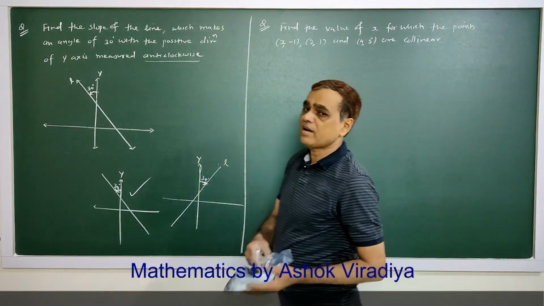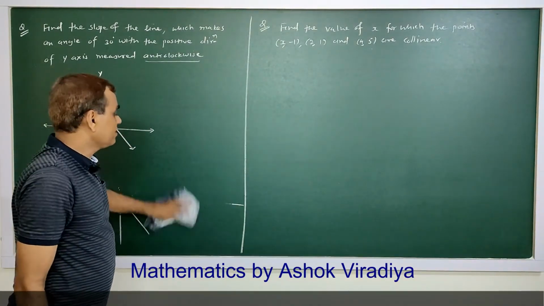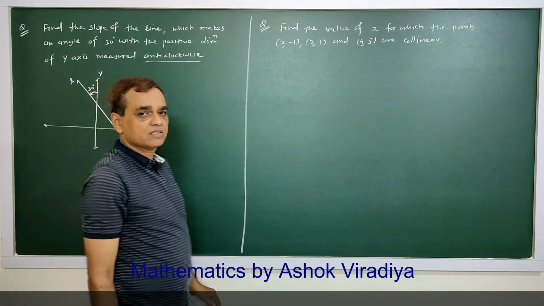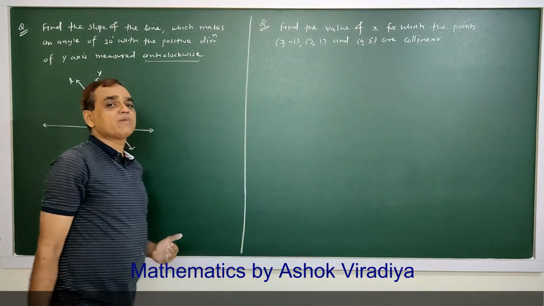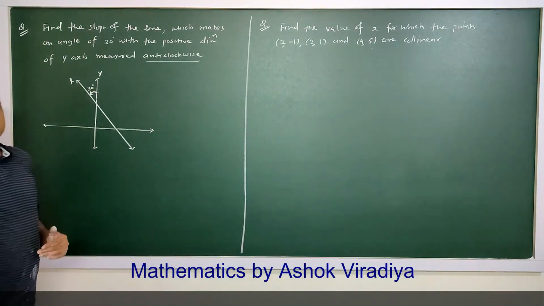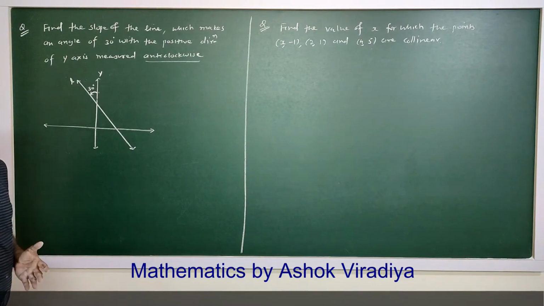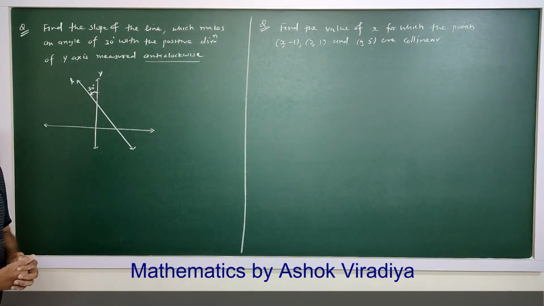Now we discuss three methods to find slope. If the equation is given, slope is minus a by b. If two points on a line are given, slope is y1 minus y2 upon x1 minus x2. But if we know the angle of inclination, then slope is tan theta. So we have information about theta.